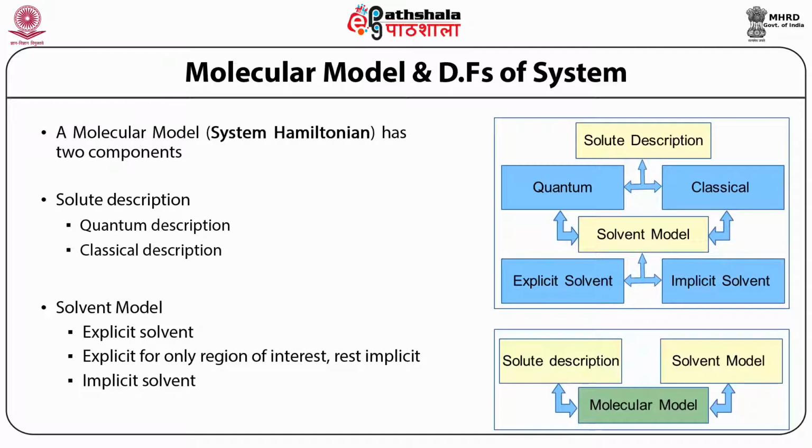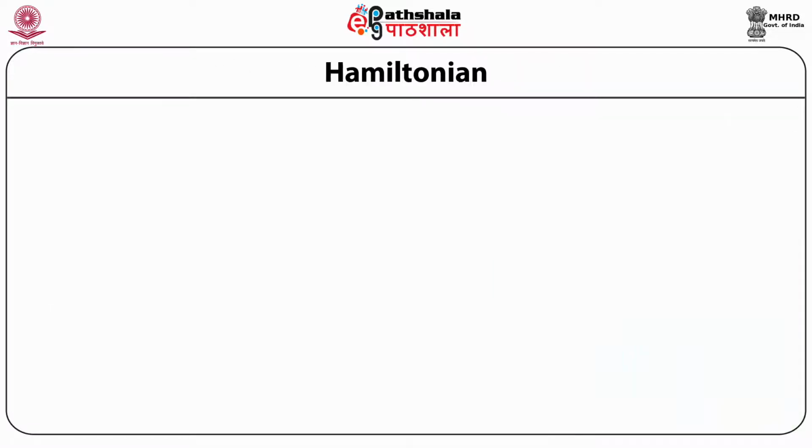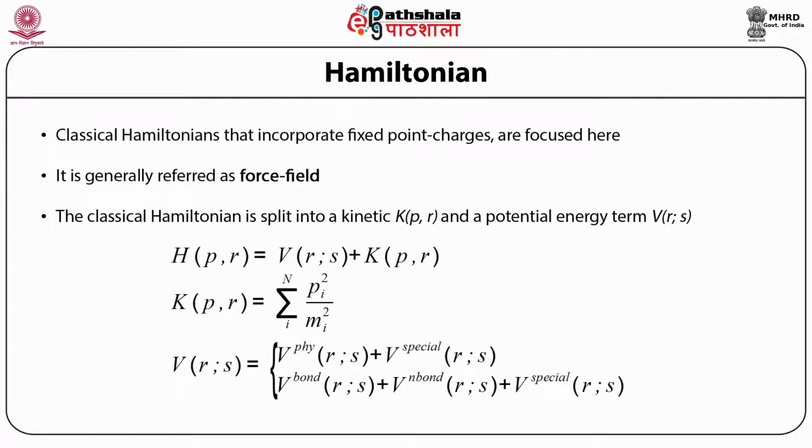So, generally we like to use this modeling. What is the Hamiltonian? The classical Hamiltonian explains everything here as two terms. Kinetic energy is very easy to measure because we have the velocity of the system.